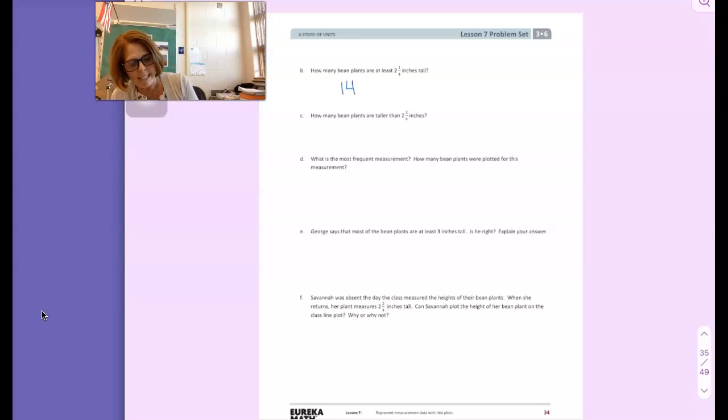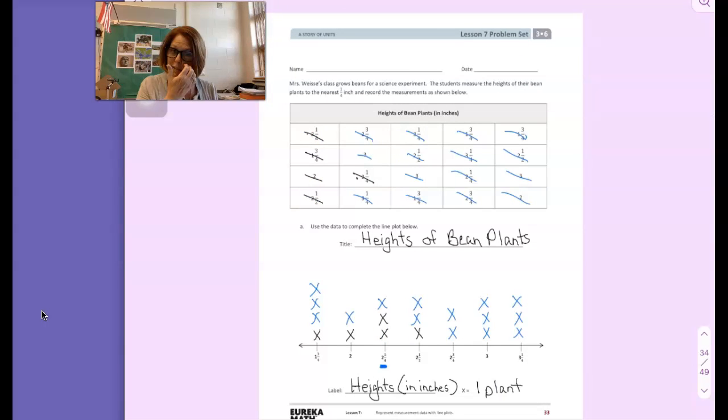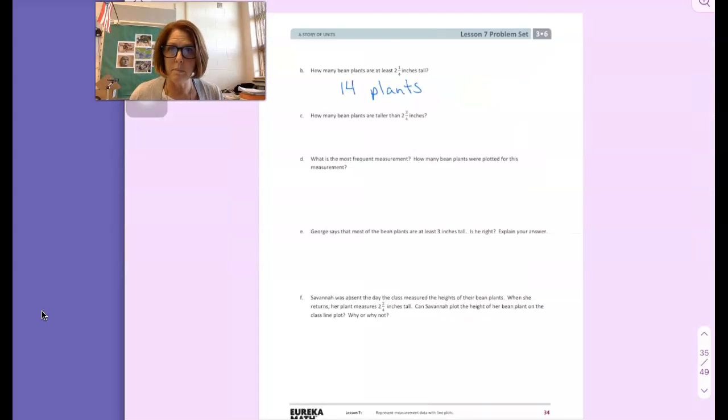Hopefully you got 14 plants. We just count the X's. Some of you may have counted the X's individually. I counted them 3, 6, 9, 12, 14. You can count them different ways.